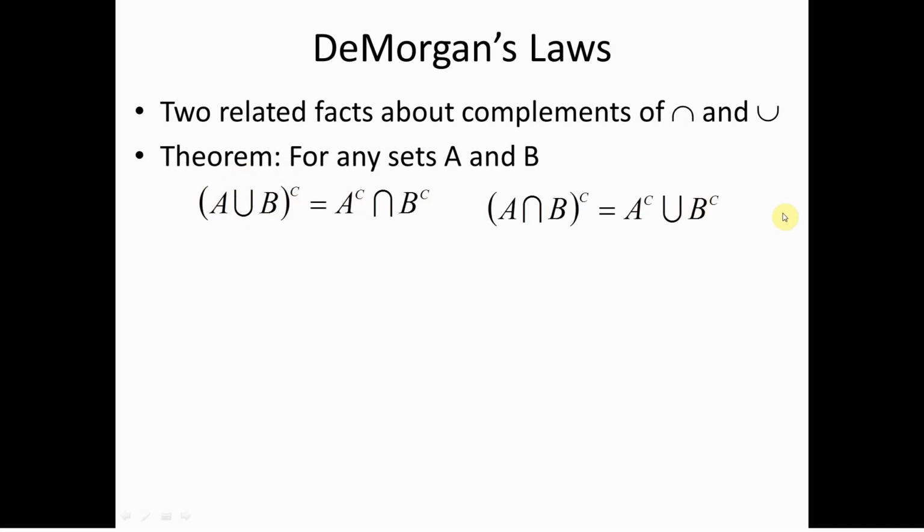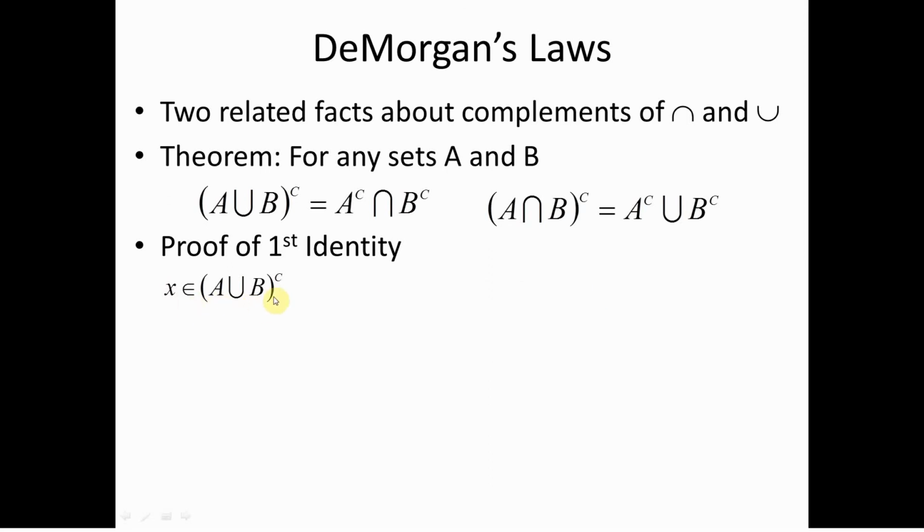This is such an important theorem that I want to prove it. I'm going to prove the first statement. Let's suppose that X is an element. What do I have to do to show these 2 sets are equal? I have to show that if I'm in here, I'm in here, and if I'm in here, I'm in here. If and only if. I'm going to prove them both at the same time by using an if and only if statement.